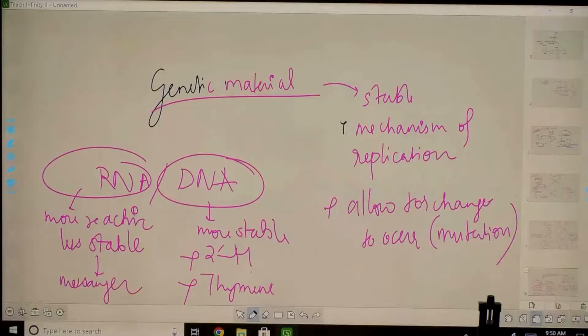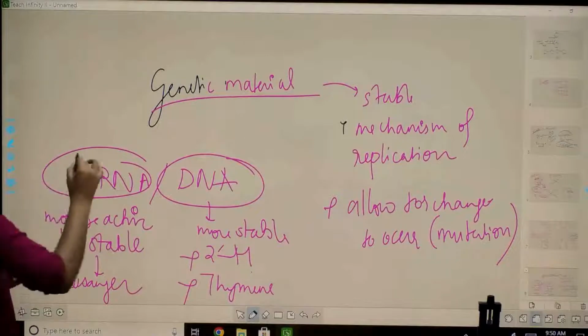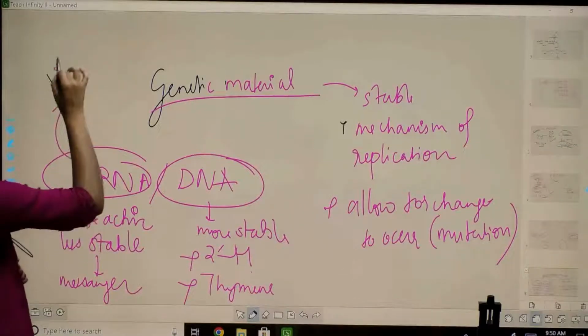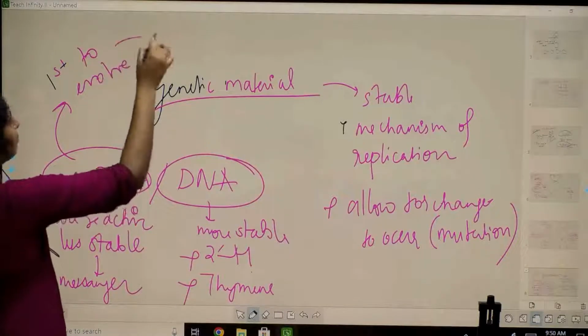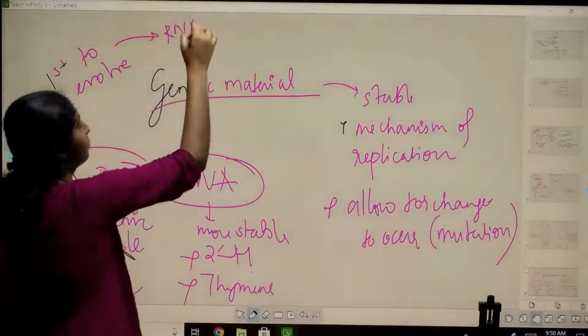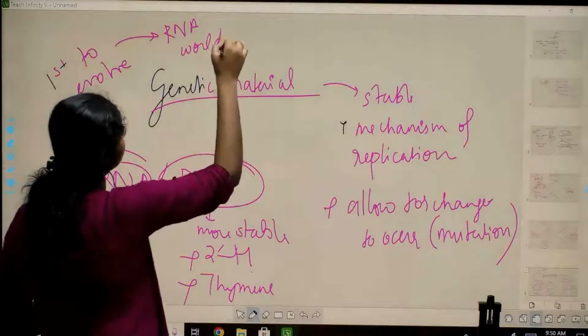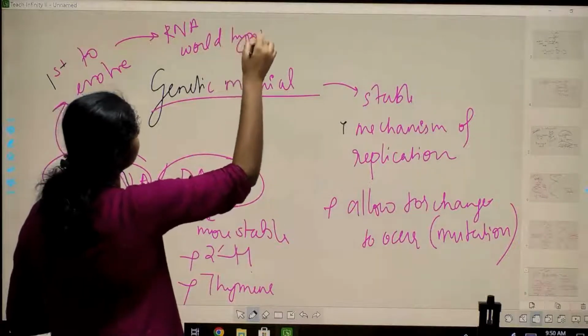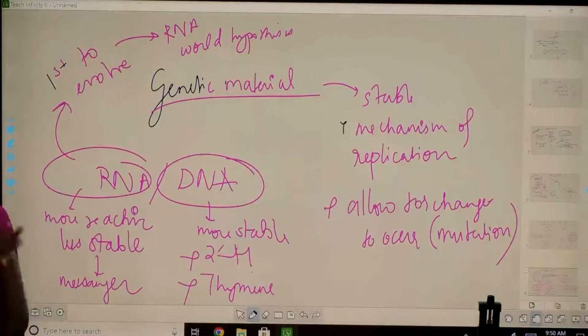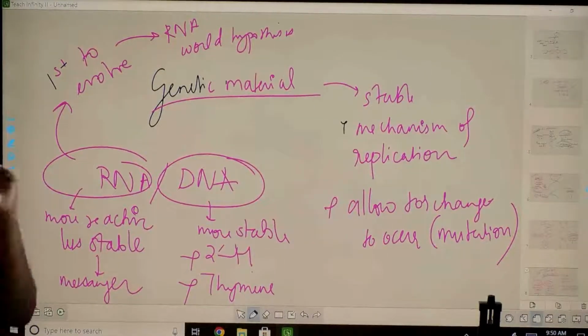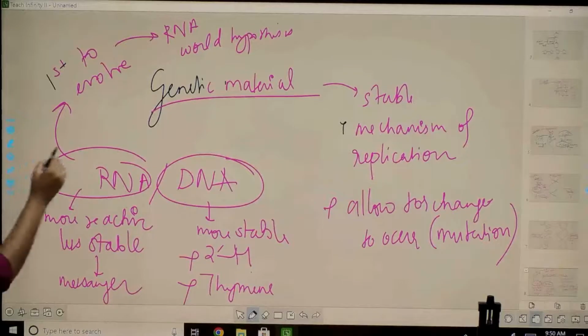Okay. So out of RNA and DNA, RNA might have been the first to evolve, and this hypothesis is known as the RNA world hypothesis. RNA might have been the first genetic material to have evolved in the course of evolution, as RNA has both the properties.